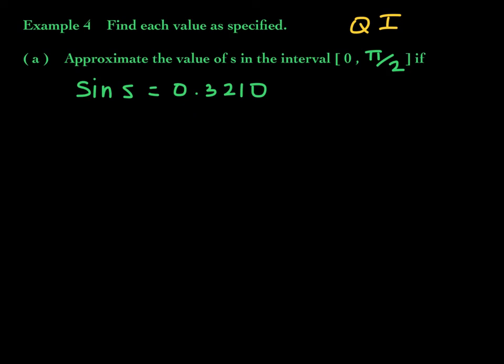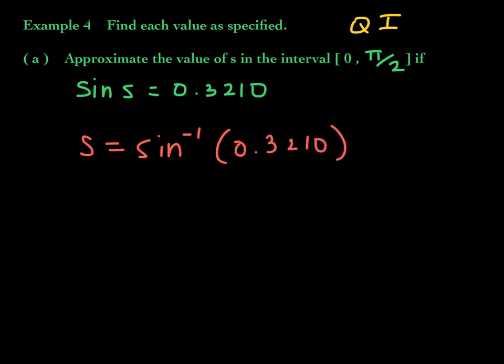Now I want to be very clear. They gave us the function value. We have to find the real number that corresponds to this sine function value, okay? Whenever we did this in the past, we would always use an inverse sine function, okay? So we would say s is equal to inverse sine of 0.3210, okay?